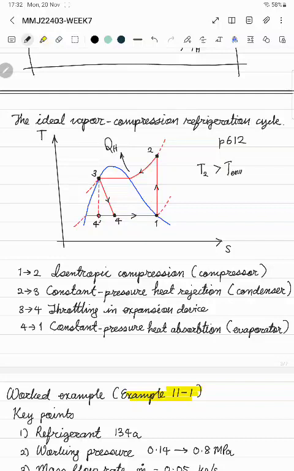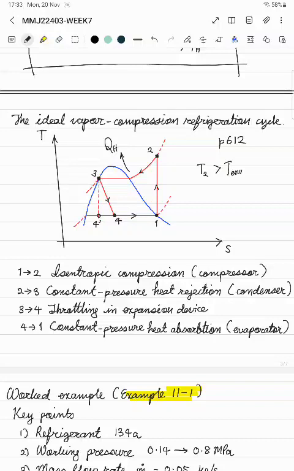And then from 3 to 4 dash. Now 3 to 4 dash represents an isentropic expansion, which is not the case here, because we don't have any turbine in a vapor compression refrigeration cycle. So there's no need for a turbine to expand the gas. What we do is we just let it blow away. In the process of letting it blow away, you will have a drop in temperature and also a drop in pressure, but without doing any work.